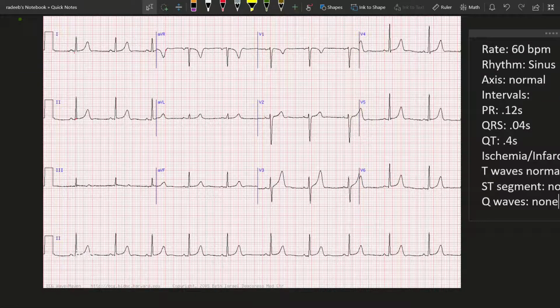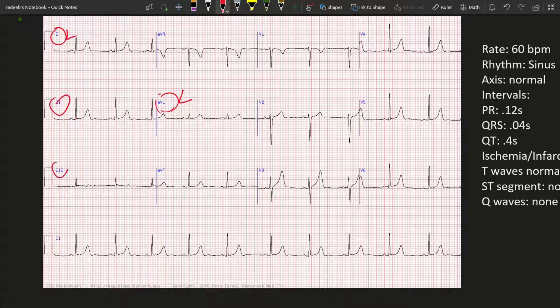Just to get back to the signs of ischemia infarction, lastly, you are going to be identifying whether you see abnormalities in contiguous leads. That has to do with the anatomical placement of the leads. So lateral leads would be 1 and AVL.